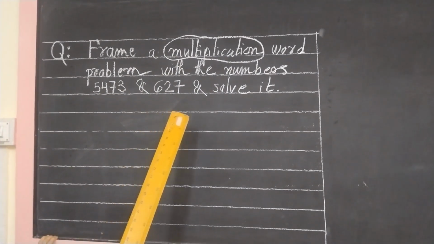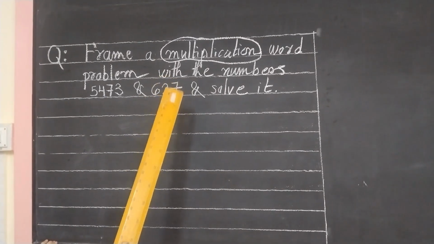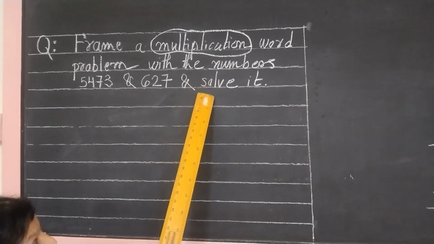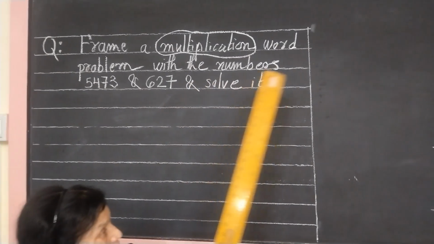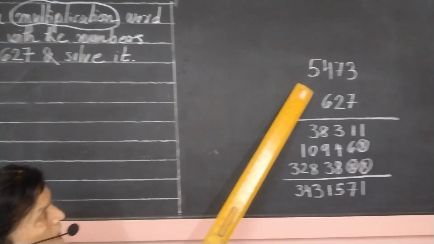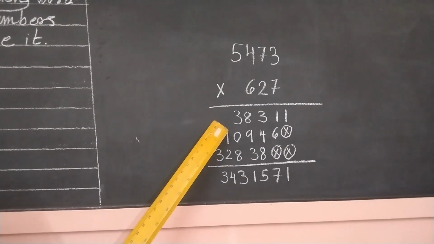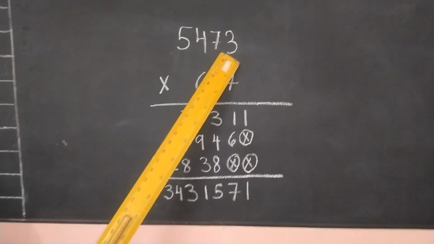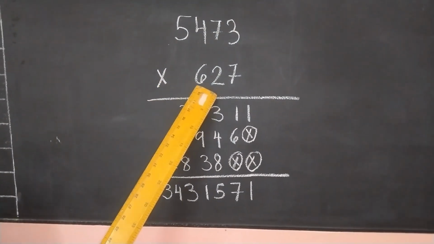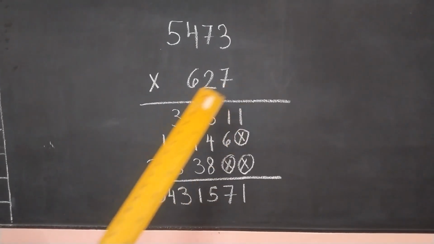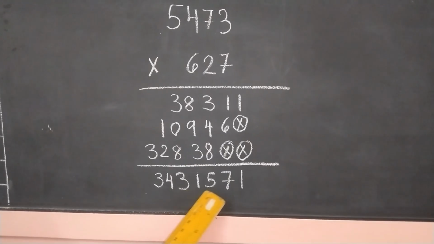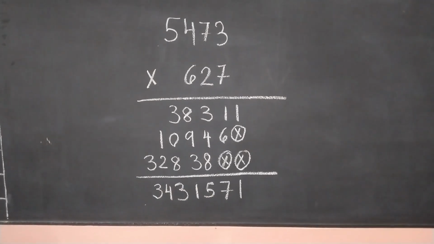Now as usual, whenever framing a word problem is given, then first we will solve it. So here we have solved the given problem. 5473 multiplied by 627, and the final answer is 3431571.